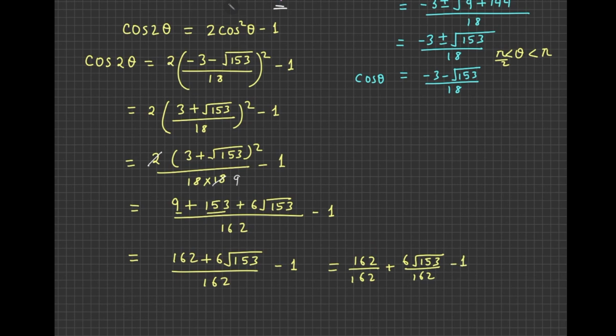So 162 divided by 162 is 1. 1 minus 1 is 0. What are we left with? We're left with 6 square root of 153 divided by 162. Simplifying it even further, we're left with square root of 153 divided by 27.